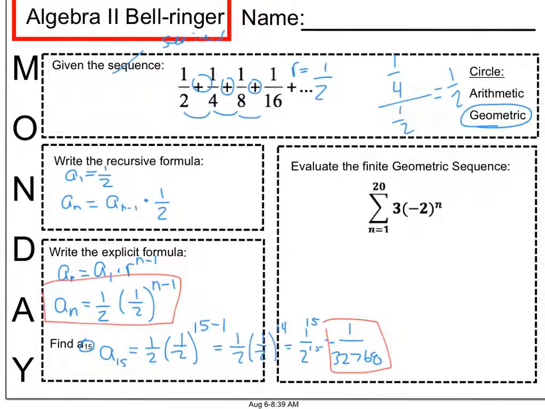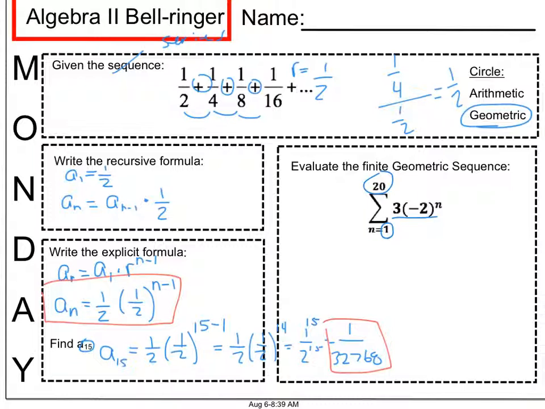For our last problem, they want us to evaluate a geometric sequence, this summation. The summation is indicated by the sigma that's used here. And basically they've given us the explicit formula for a particular geometric series, and they want us to evaluate the first through the 20th term summed together.